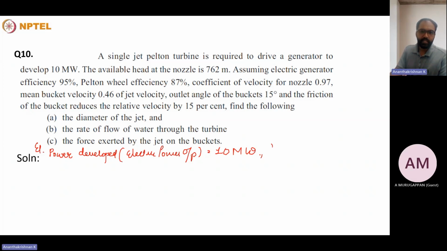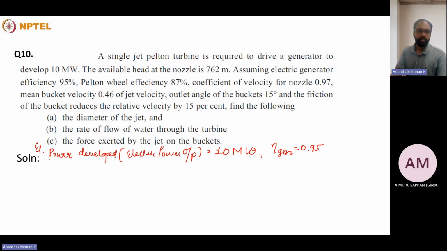Corresponding generator efficiency is given as 0.95. So this generator efficiency will be giving us the mechanical power output of the turbine. So that will be 10 divided by 0.95. That will be giving us the mechanical power output of the turbine.